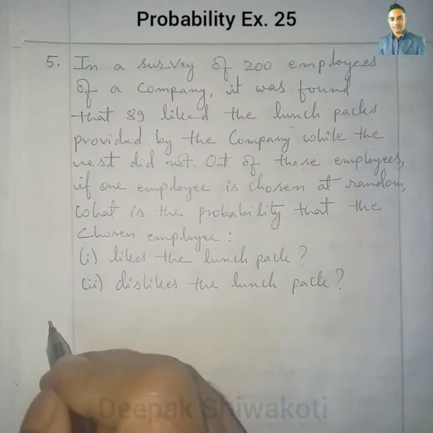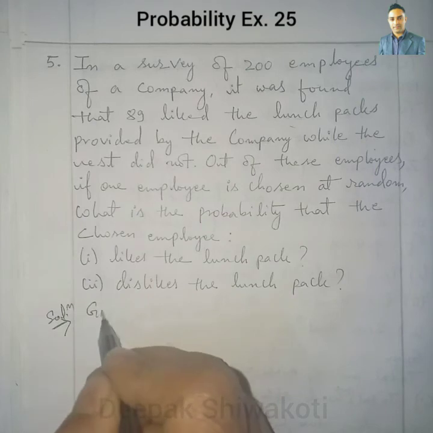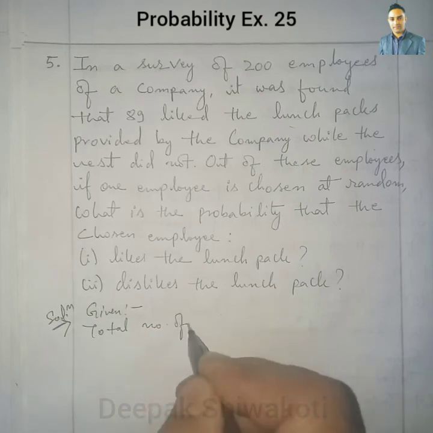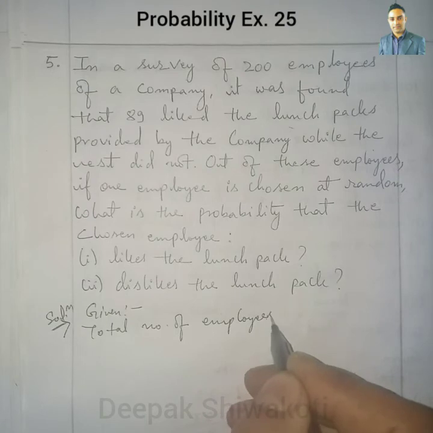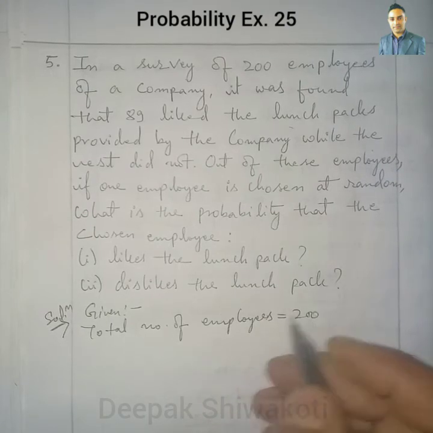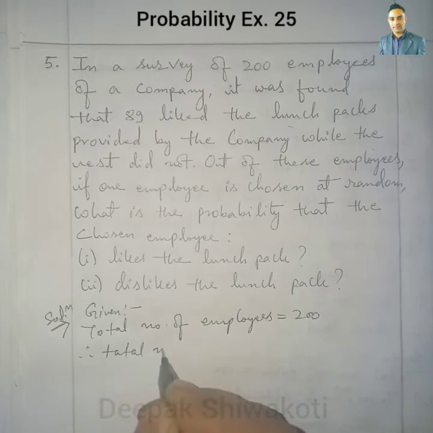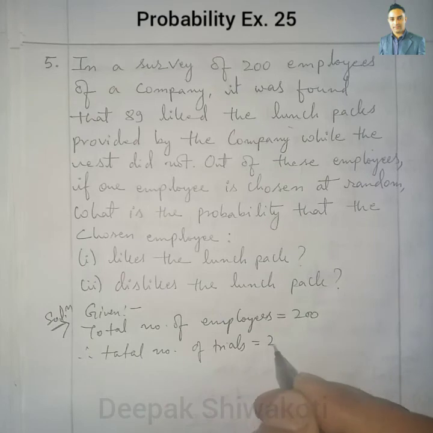So solution, given total number of employees is equal to 200, therefore total number of trials will also be equal to 200.